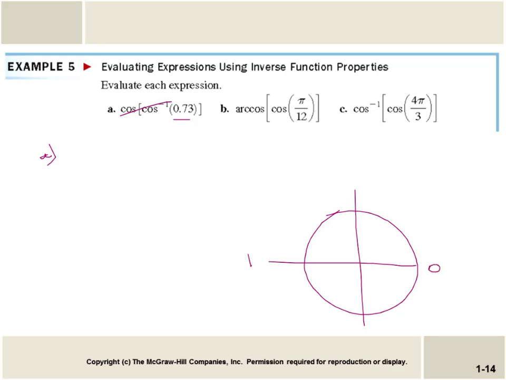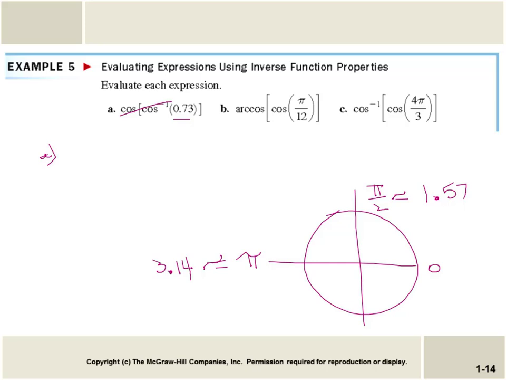Okay, so here's 0, here's pi, and here's pi over 2. Well, let's turn these into decimals. This is 3.14, so that would make this approximately 1.57. So it puts it in quadrant 1.